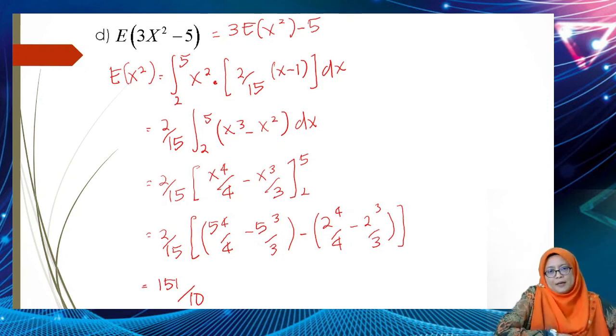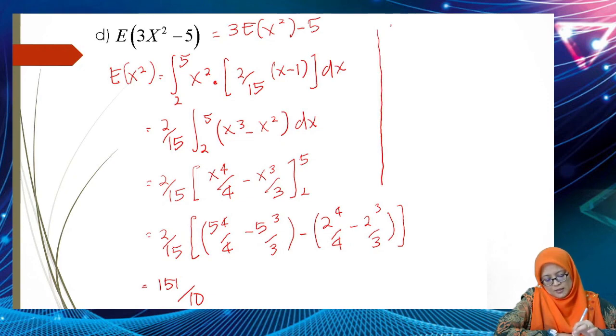Okay, so then baru kita apply kita punya properties yang tadi lah. Okay, so sini ada, so ni saya tulis balik lah, expectation 3 expectation x square minus 5. So 3 expectation x square is 151 over 10 minus 5.